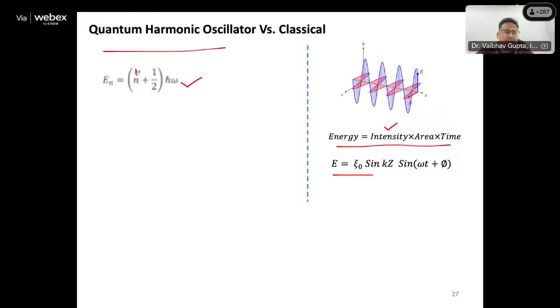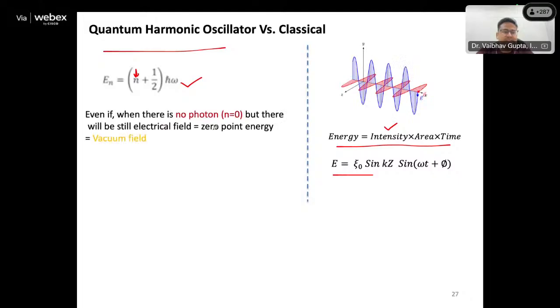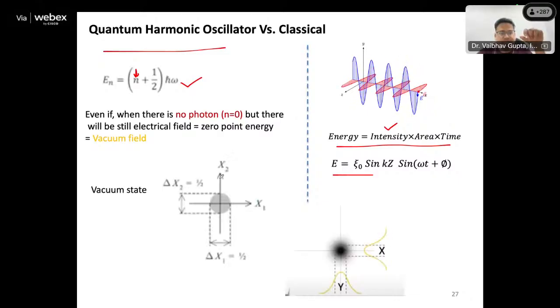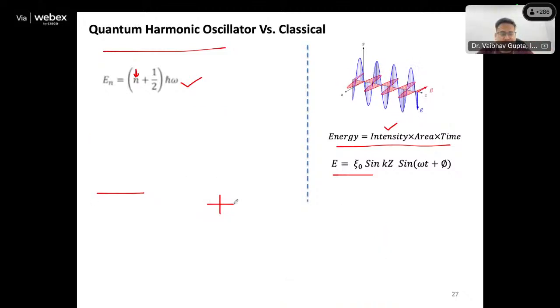And even if there is no photon, n is equal to zero, meaning energy is still there. And this is called zero point energy or fluctuations or vacuum field. So this is the vacuum state, meaning at zero there is uncertainty in this direction, which is half. There is uncertainty in this direction, which is again half, and because of that there is this vacuum state.